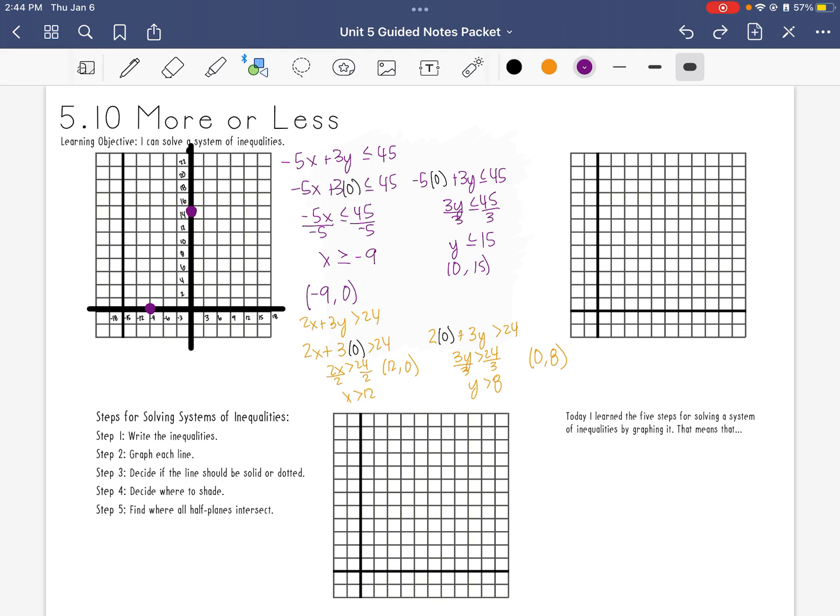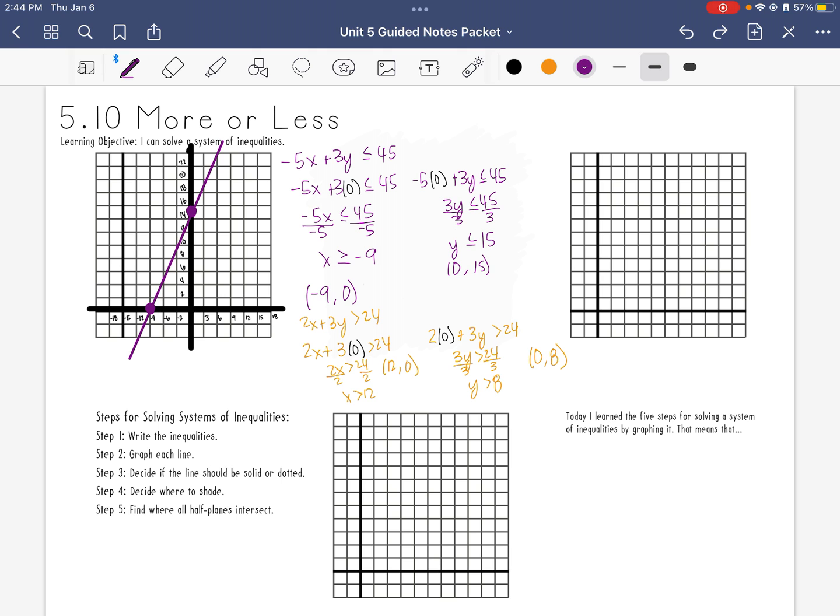So we can connect it, that's fine, but we do need to decide if this should be a solid straight line or a dotted line. Hopefully you remember, dotted lines come into play when the line should not be included. With this one, this is a less than or equal to symbol. It can equal the line, which means we can leave it solid.